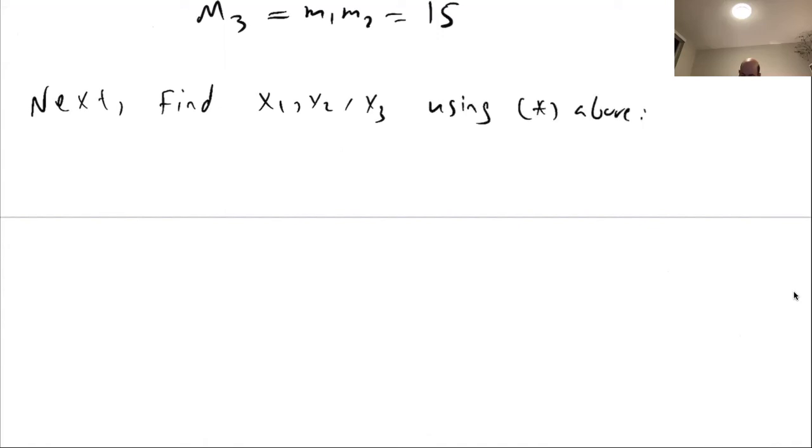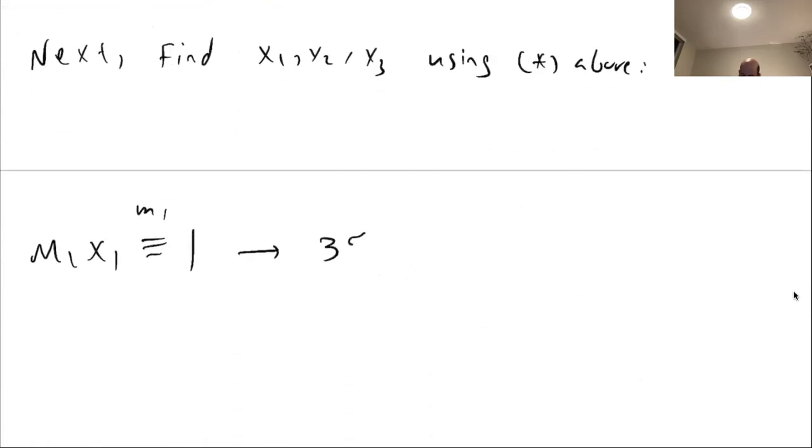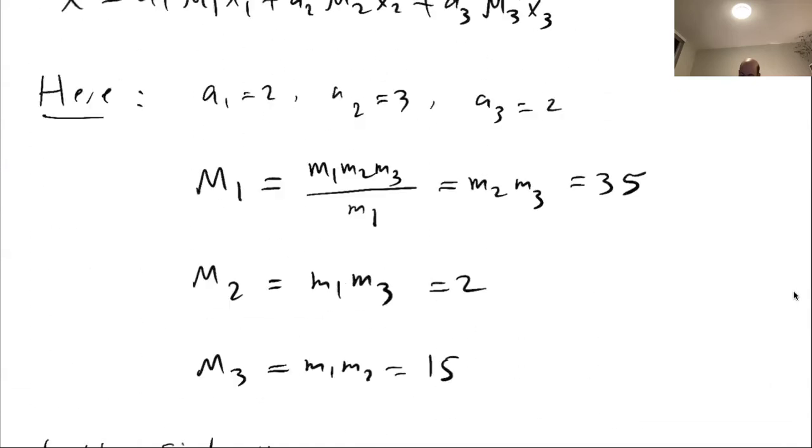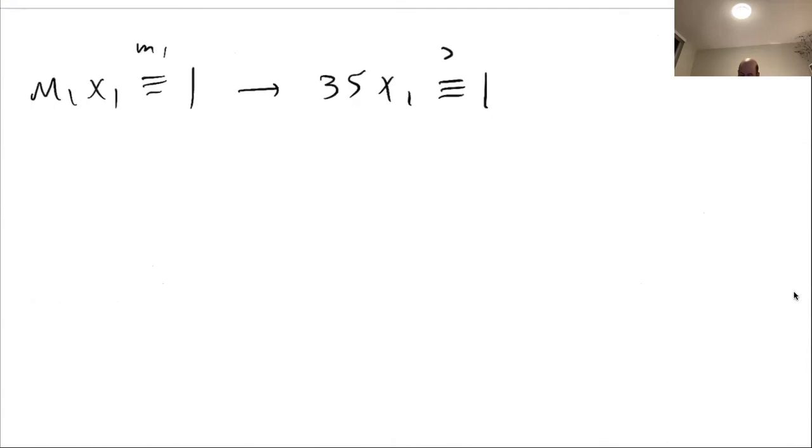So I want M1 X1 to be equal to 1 mod m1. So that means M1 was how much? 35. 35 X1 equals 1 mod m1, and m1 was 3. So how much will this X1 be?